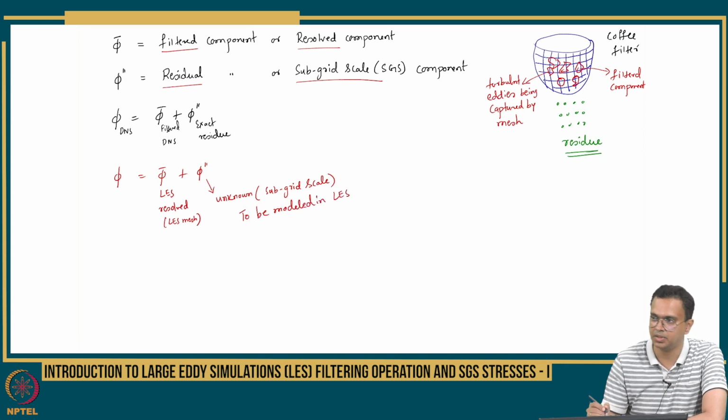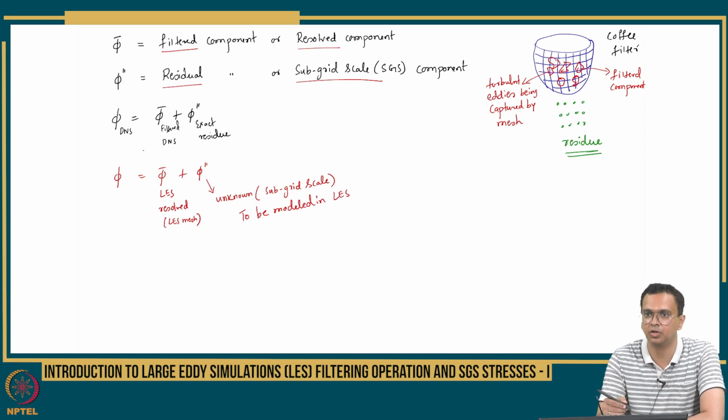So phi double prime is the modeled component, but phi double prime, if you do a filtering operation on DNS data, is exact. So these two are different. That's why the names filtered and resolved are different. But people do use them interchangeably, filtering and resolving. You understand, right? If you have DNS data, you can filter it to get the exact residue.